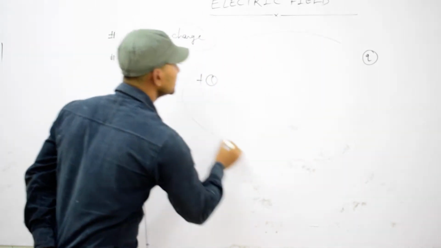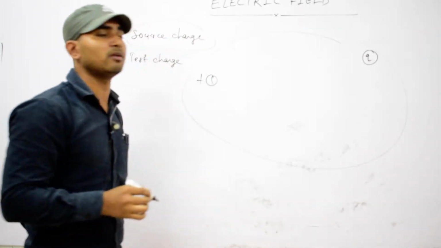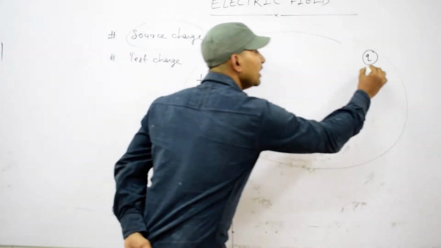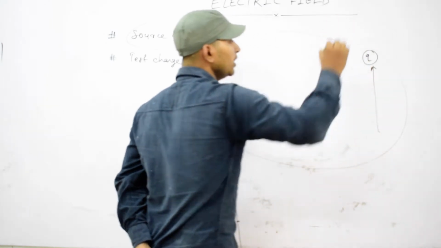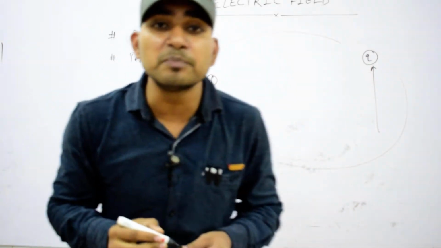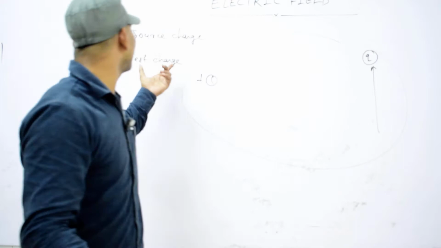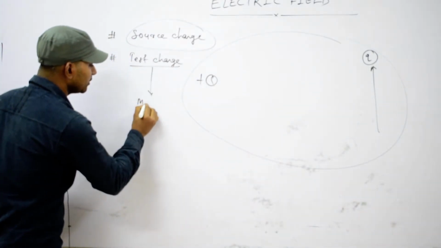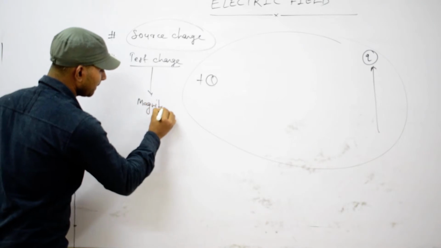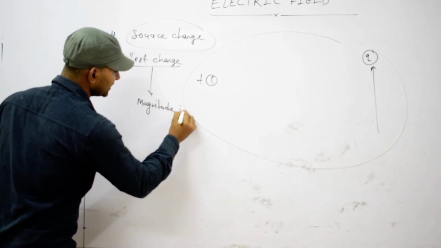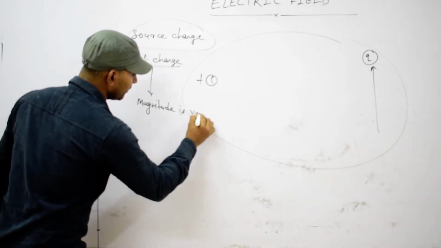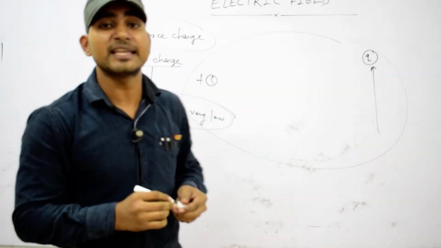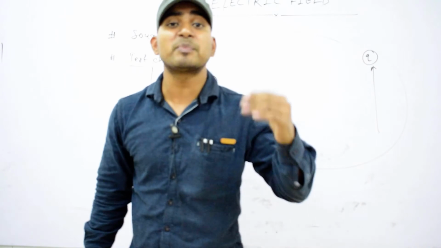Let's suppose this is the range of this particular charge, and in this range another charge is used just for testing purposes. The significance of the test charge is nothing, its magnitude is very low, and it is used only to test whether the field is present or not.